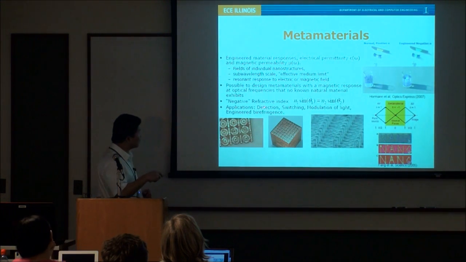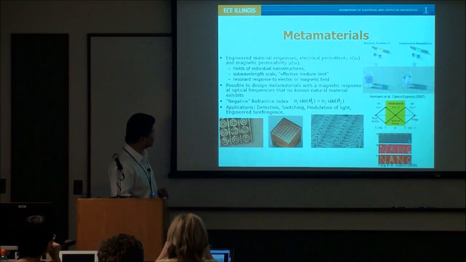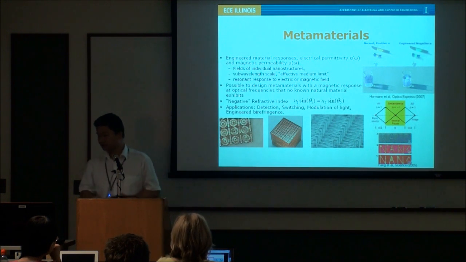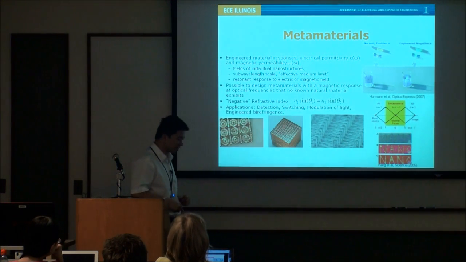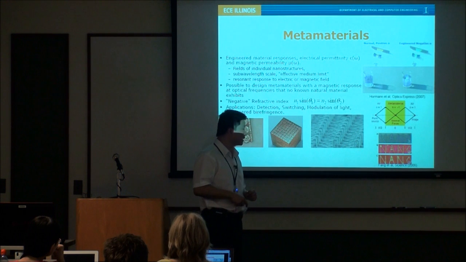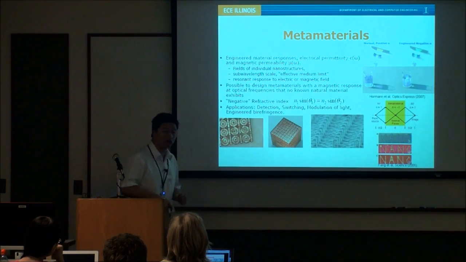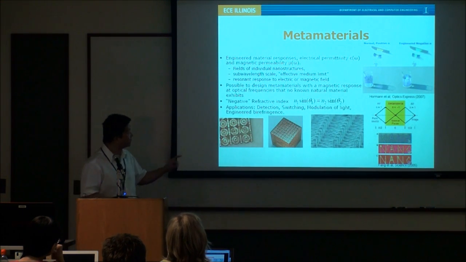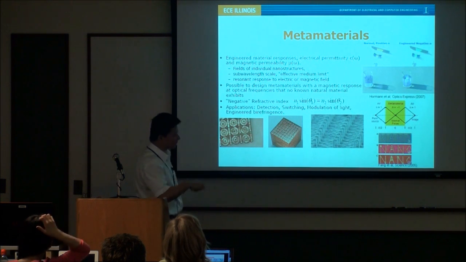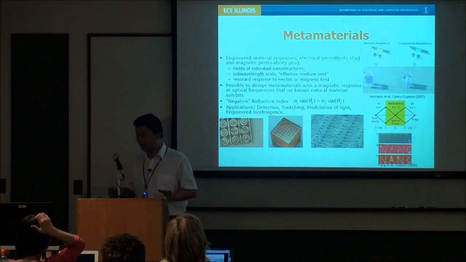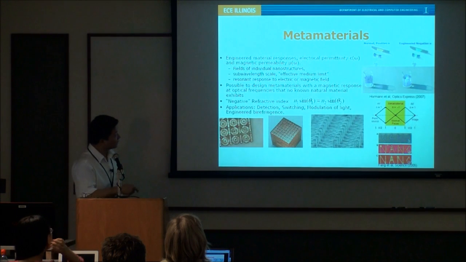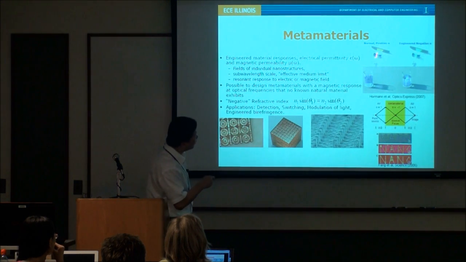For example, we can create something called a negative refractive index material, which does not exist in nature. You cannot find any material in nature that has a negative refractive index. The refractive index N for natural materials is always positive.